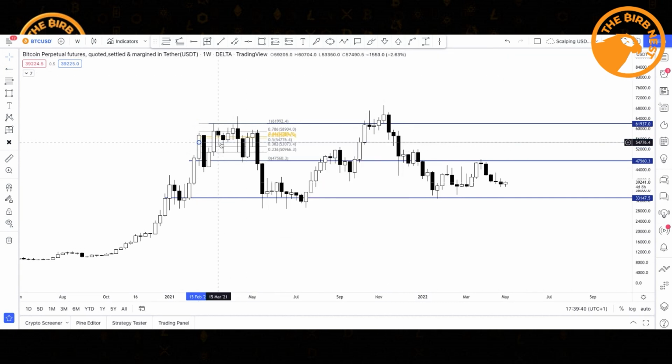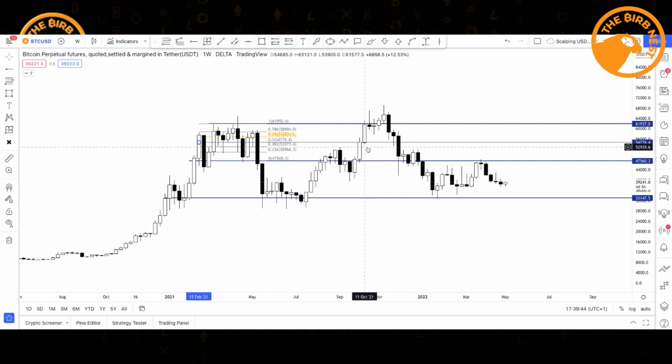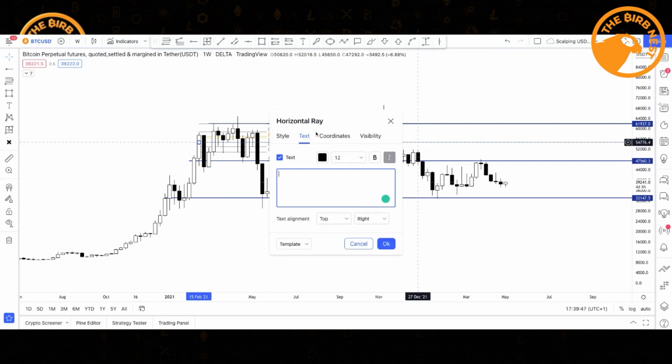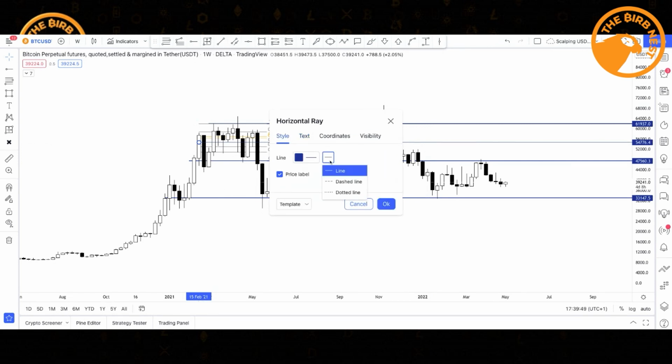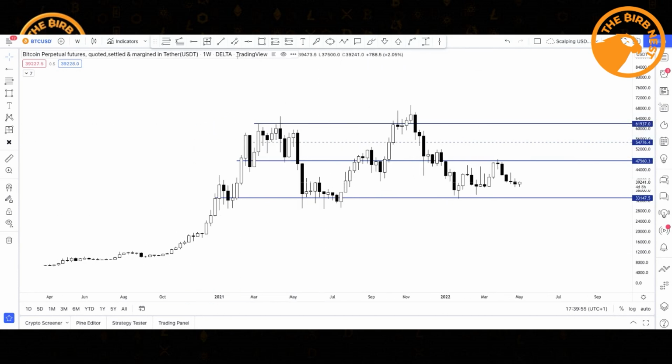And then the next thing I want to do is click back on this, and I want to move it so that it's a dashed line, okay? And that represents our midline, okay?